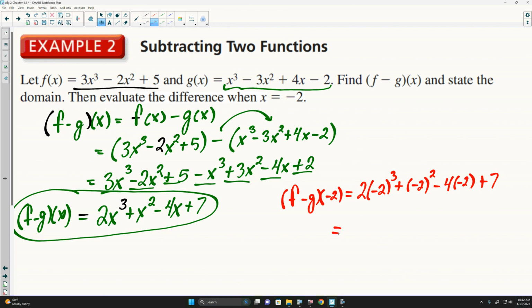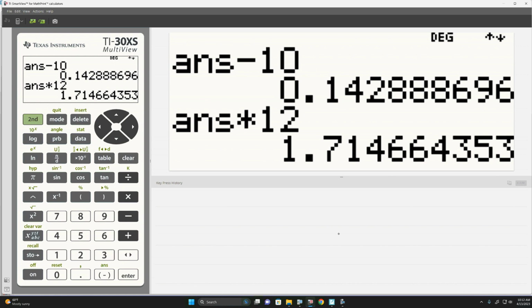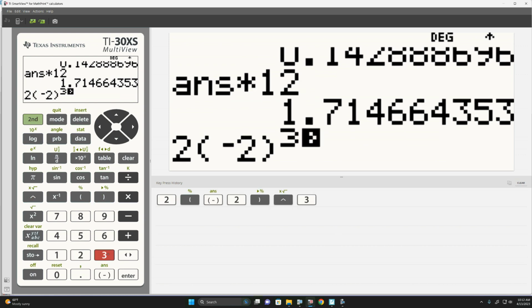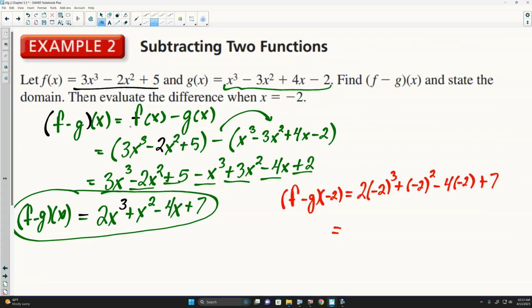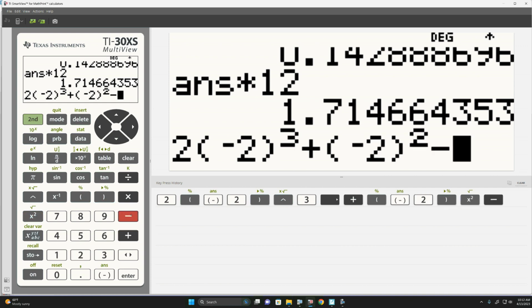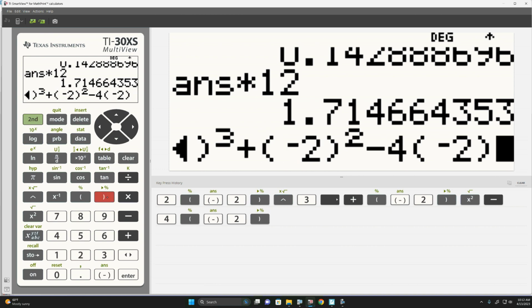Now we could do this out by hand, multiplying this out, or we can just do this in a calculator. 2 parentheses, negative 2 cubed, plus negative 2 squared, minus 4 times negative 2 plus 7.